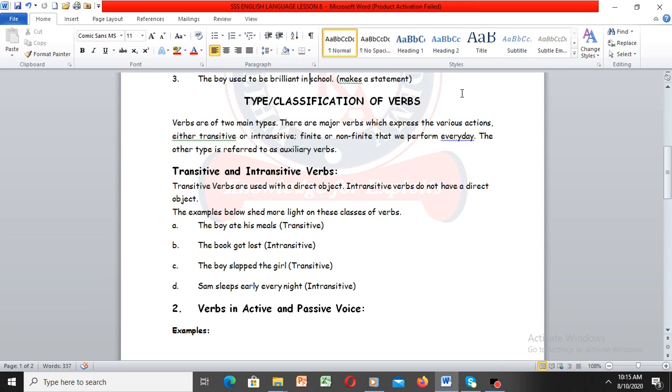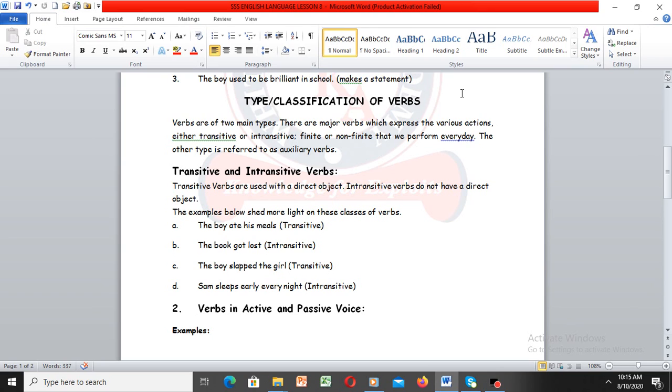There are major verbs which express the various actions, either transitive or intransitive, finite or non-finite, that we perform every day. The other type is referred to as auxiliary verbs. Now let's take it one after the other.